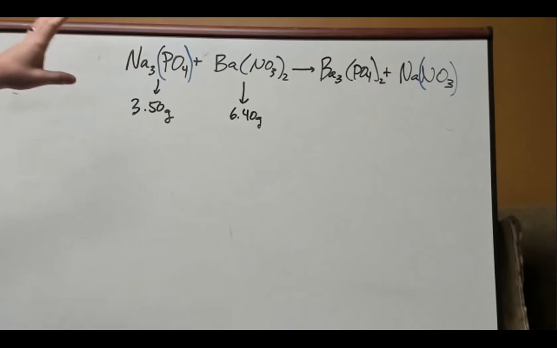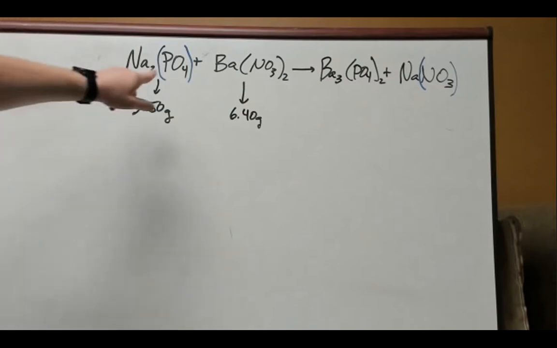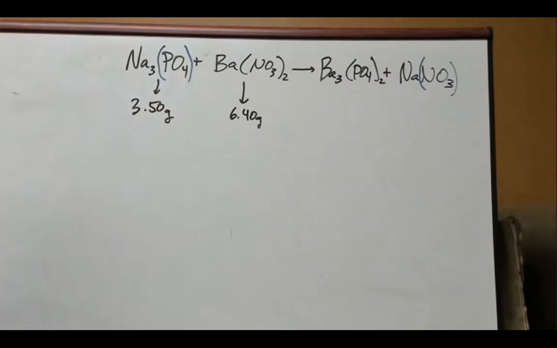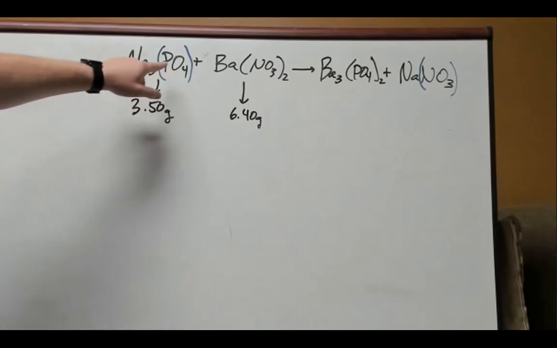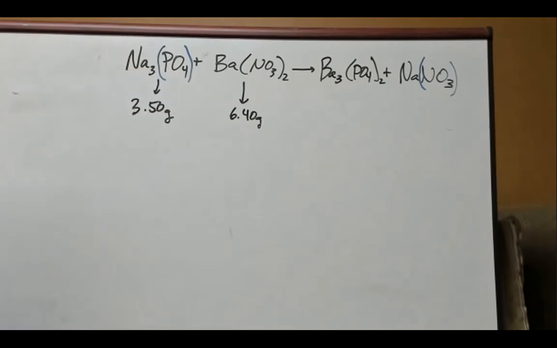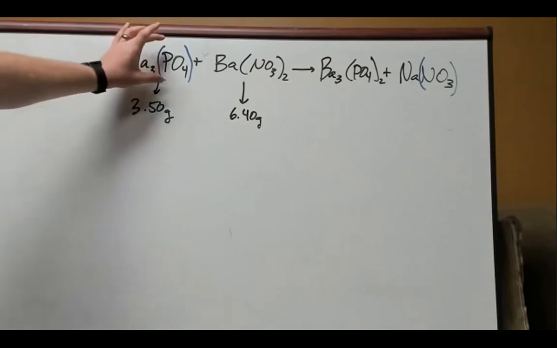When we try to balance this equation, I want us to think about these things being together. So instead of separating the phosphate out from the oxygen, keep the PO4 together, and we're going to balance those as a unit. Let's start balancing. I'm going to start with this phosphate.